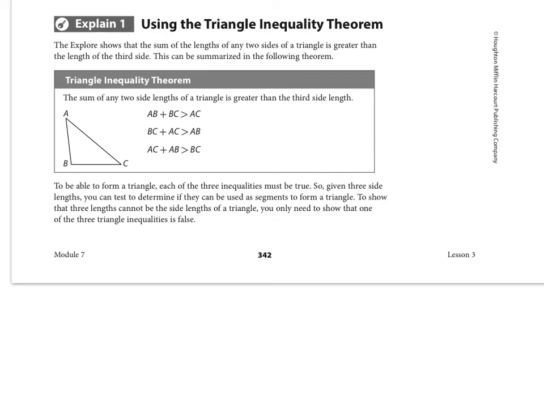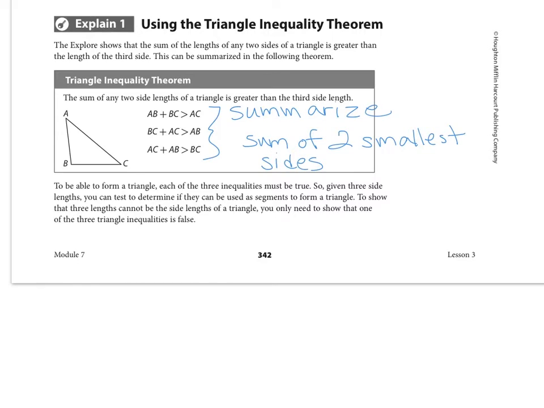What we can do, you guys, is we can summarize all of this information, and this is how I kind of want you to think about this, okay? Anytime you are looking at the side lengths of a triangle to figure out whether the triangle is possible or not, you simply say, does the sum of the two smallest sides end up being greater than the third side?